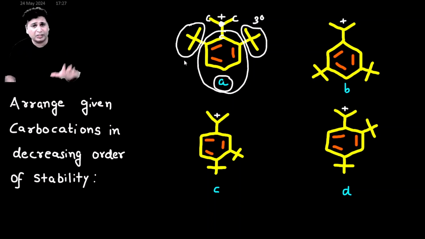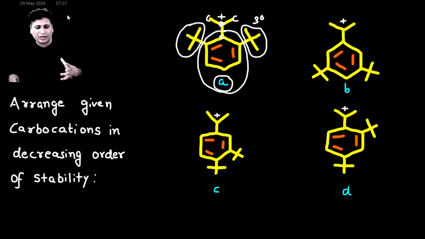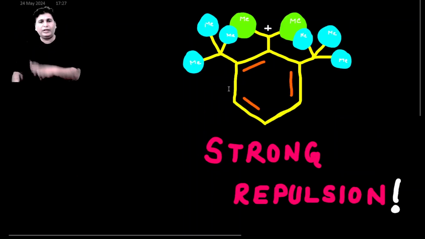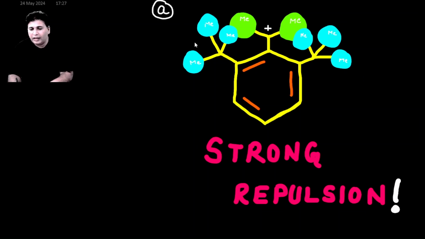So this is the structure of this carbocation, and I will give more physicality to this structure in the next slide. This is what we are dealing with in carbocation A, and this is the benzene ring, and there are 2 ortho positions, 1 and 2, and these 2 ortho positions have tertiary butyl groups.